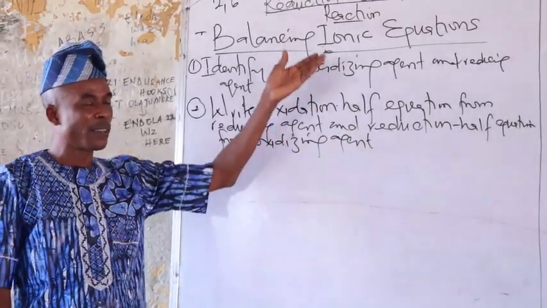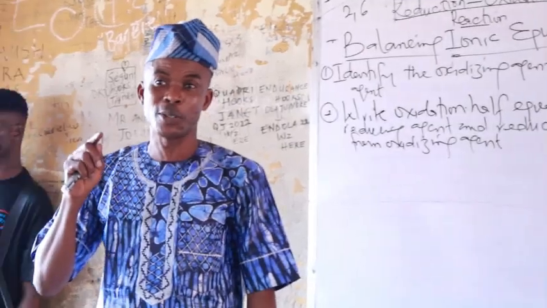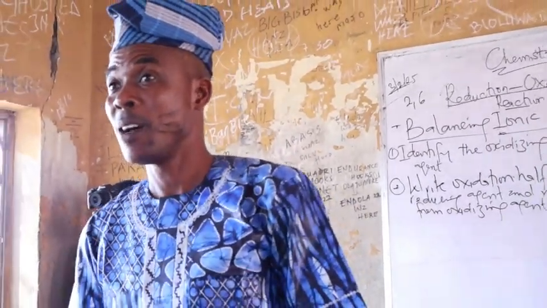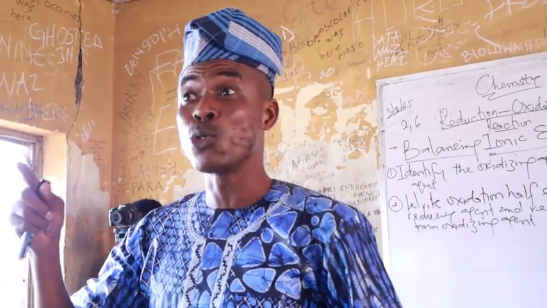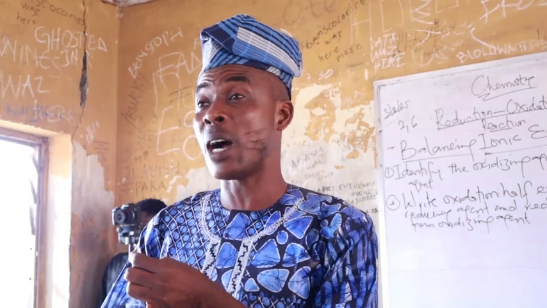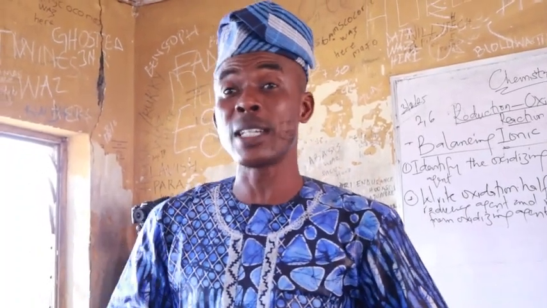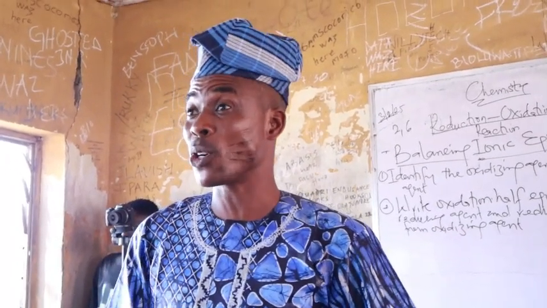The essence of giving you these terms is that you may be given a balanced equation, then you have to split it into two. Write or split the equation into two halves. That means you write oxidation half equation and what? Reduction half equation.